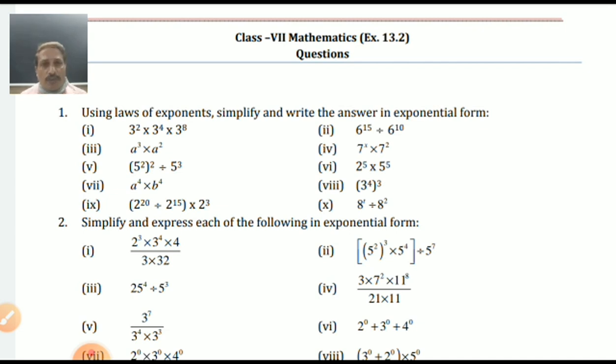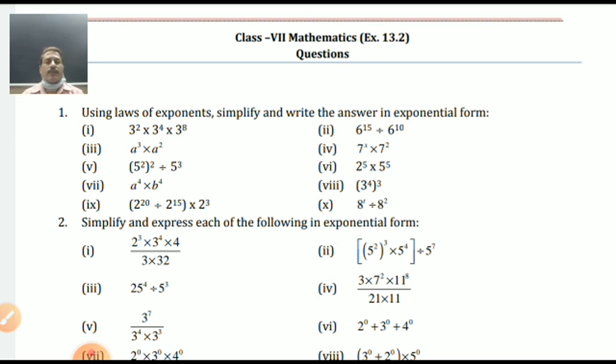Can you find one common thing here? Yes, the bases are common. Whenever the bases are common, as per our exponential rule or laws, we have to add exponents. The base remains the same.